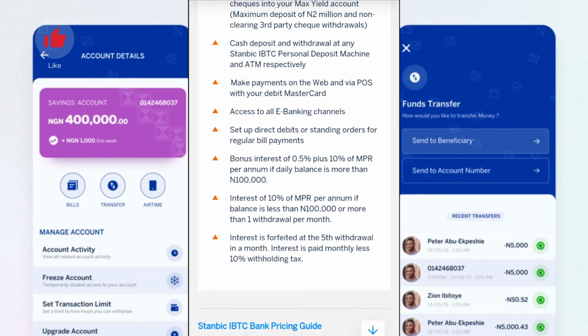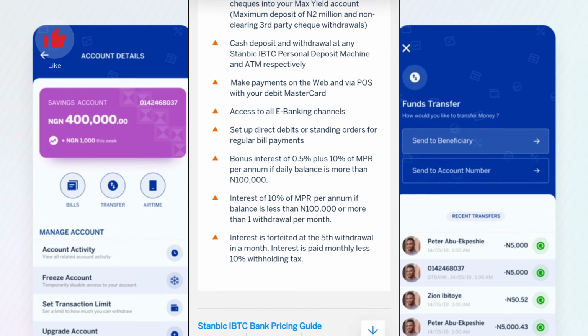Then interest rate of 10% of MPR per annum if balance is less than 100,000 naira or more than one withdrawal per month. What does this mean? The normal CBN interest rate in Nigeria is about 10% thereabout.